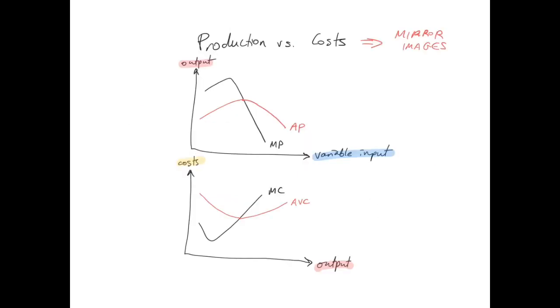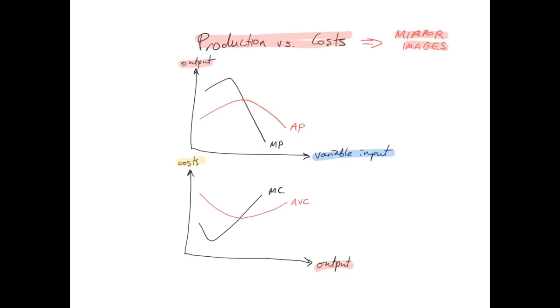Now, before I move on to revenue and profit, I just want to quickly compare production and costs because this is a very important thing that students need to know. Remember, production and costs are basically mirror images. They are two sides of the same coin. When you plot variable input against output, and it gives you the MP and the AP curve, the MC and average variable cost curve should be a mirror image.